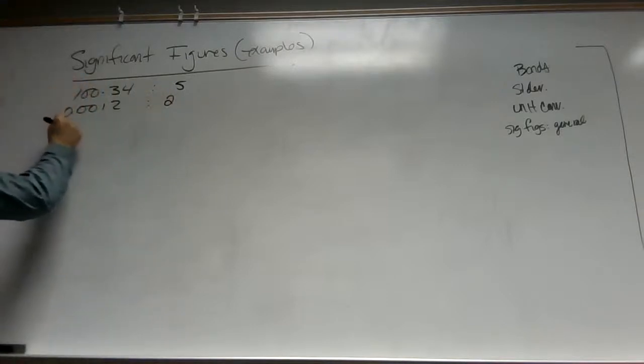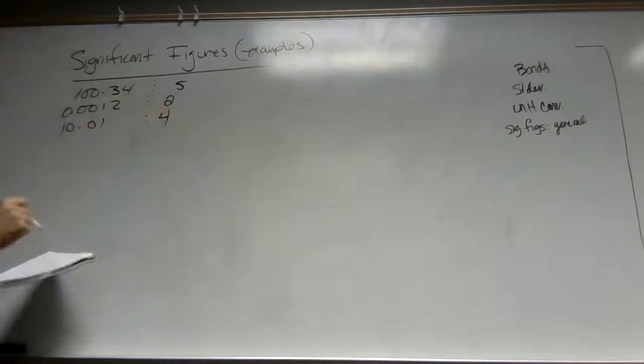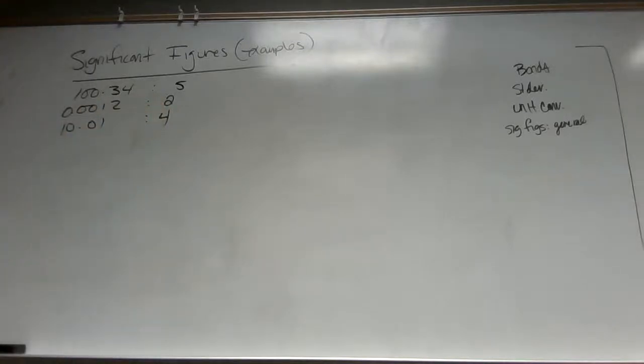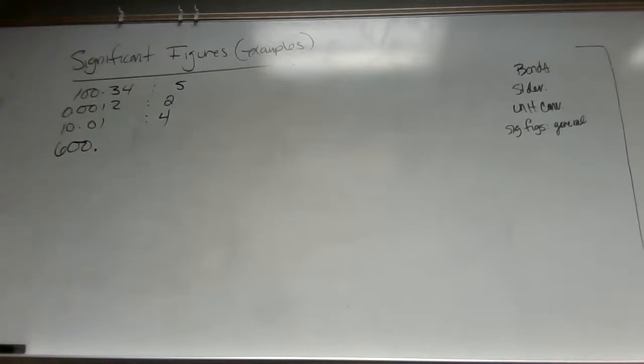What if I've got 10.01? 4. Does that make sense? Right? That's 4. What if I've got 600 with a decimal? 3.